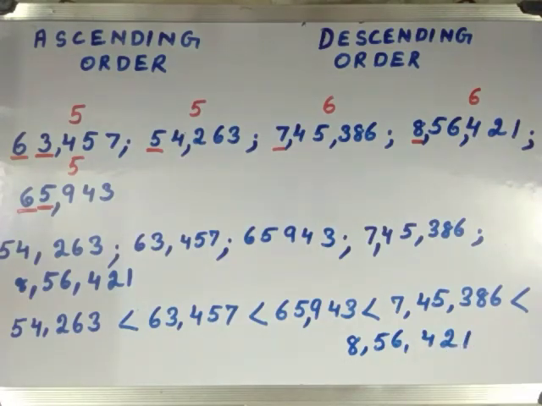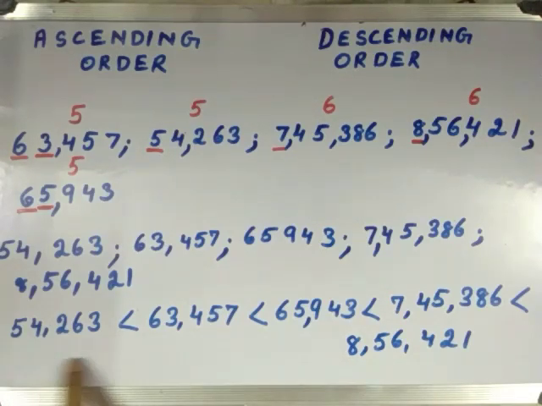in this way. So we can read these as 54,263 is smaller than 63,457, 63,457 is smaller than 65,943, 65,943 is smaller than 7,45,386, 7,45,386 is smaller than 8,56,421.